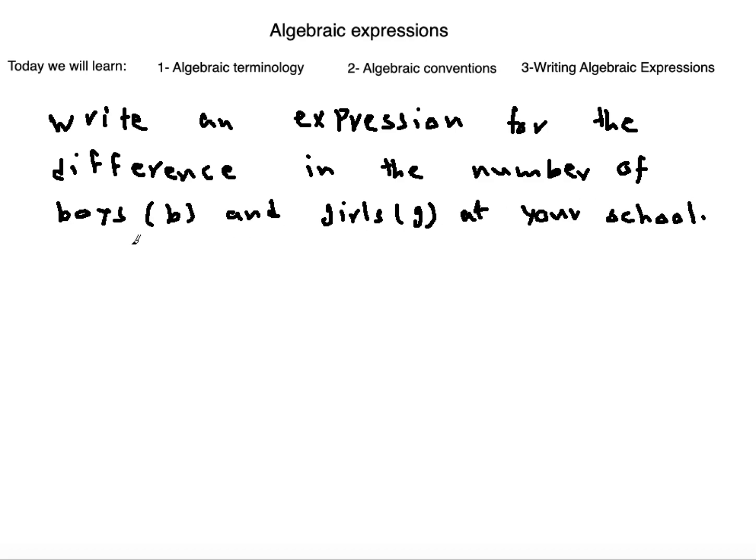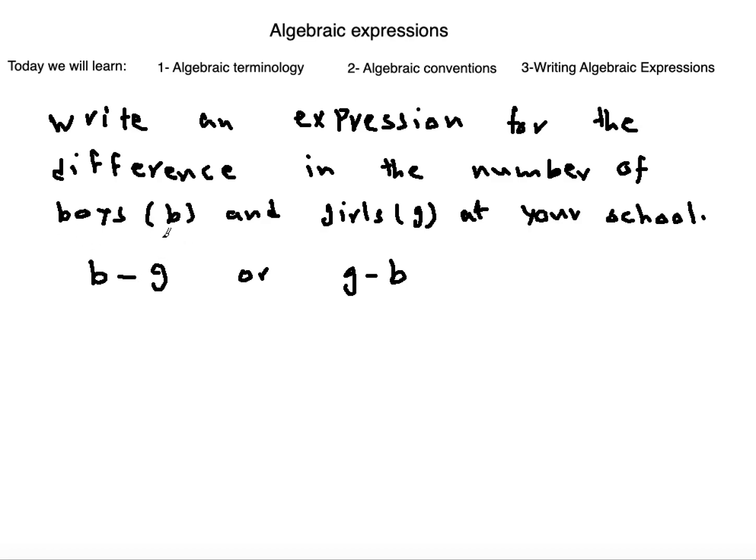All right, so we call the number of boys in your school B and the number of girls at your school G. So difference means subtract, so B minus G. Or if you wrote G minus B also will be correct, depending on which one is larger. If the number of girls is larger, we got to do it that way. If the number of boys is larger, we got to do it that way. That's the difference between the two.